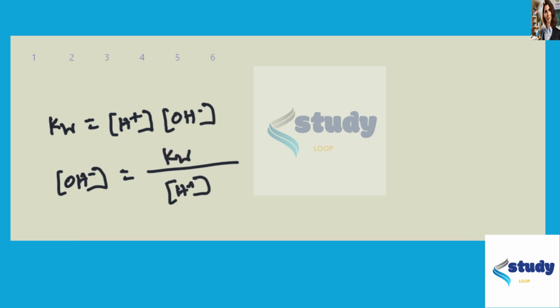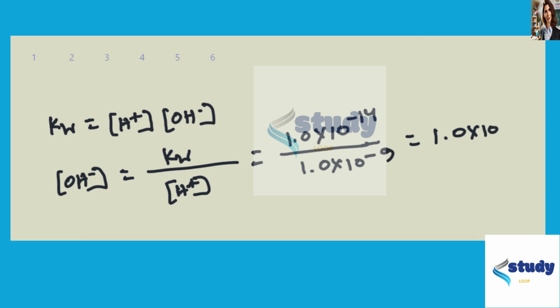Kw is 1 times 10 to the power minus 14, and the H+ concentration we already calculated is 1 times 10 to the power minus 9, so the OH- concentration is 1 times 10 to the power minus 5 molar.